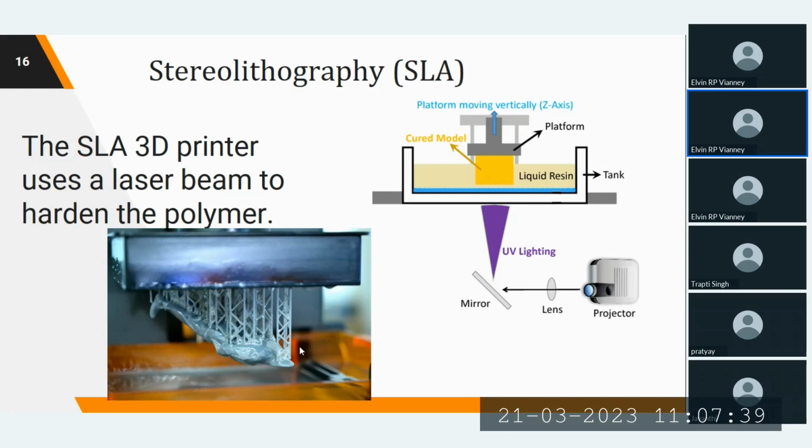Now have a look at this diagram I have given. This is only used for creating a polymer. When a UV light is passing over the polymer, the polymer will get solidified because of the UV laser.